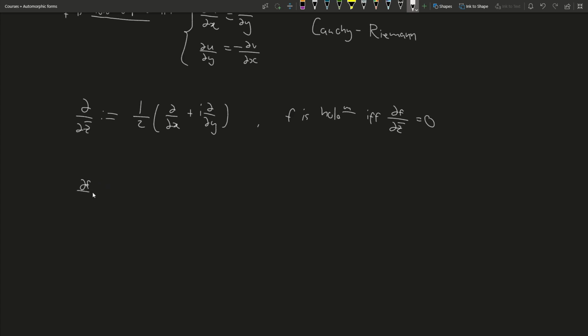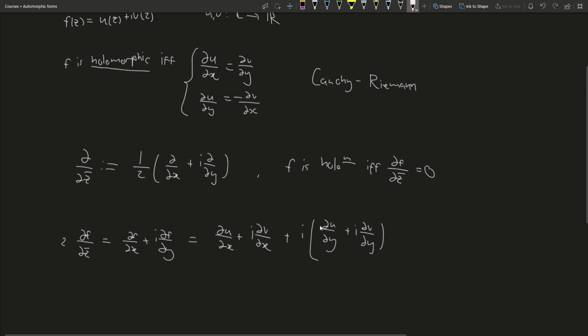So df/dz bar by definition, well, I'm going to drop the 1/2, so maybe I'll just do 2 times this, is df/dx plus i df/dy, and then f was u plus iv, so this is du/dx plus i dv/dx, so that's the first term here, and then plus i times du/dy plus i dv/dy.